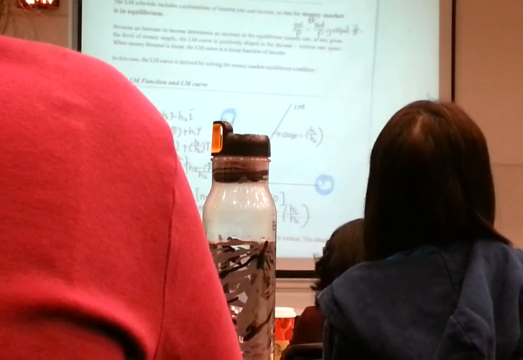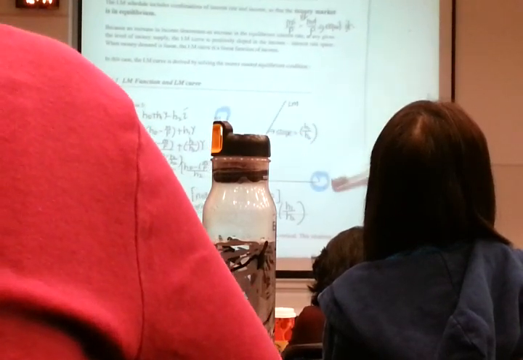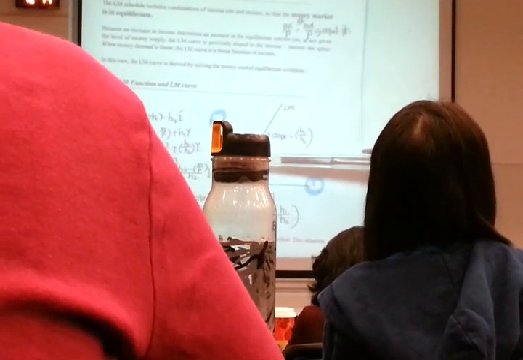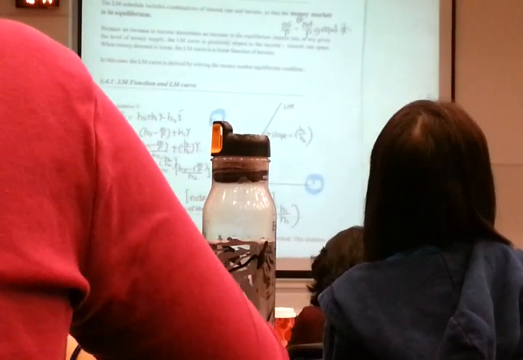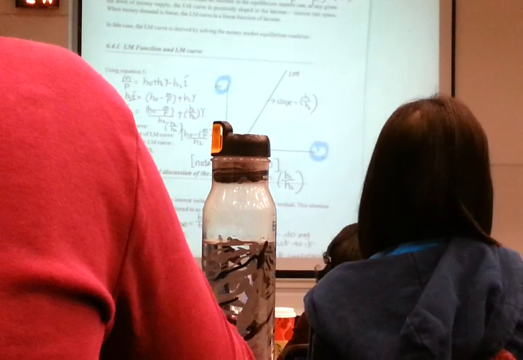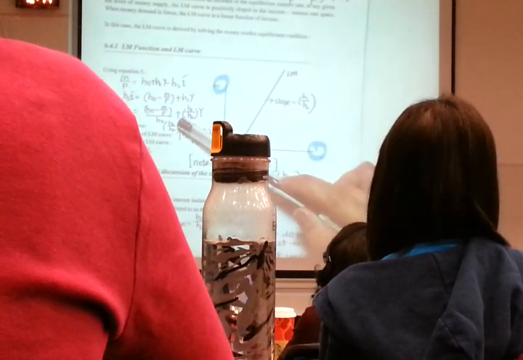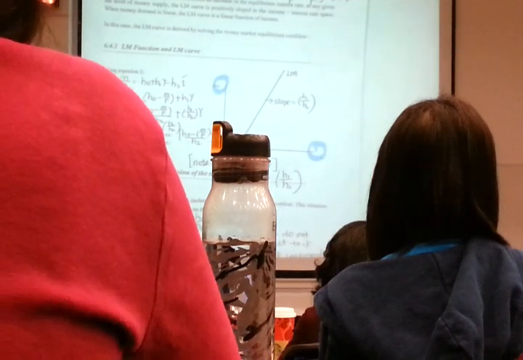Again, the steps that I took: if you know how to draw the diagram, pay attention to the axis, and write the equation to suit the axis. Then from there, we could see the slope of LM is H1 over H2. It is upward sloping because, looking at the equation, i and Y are positively related.